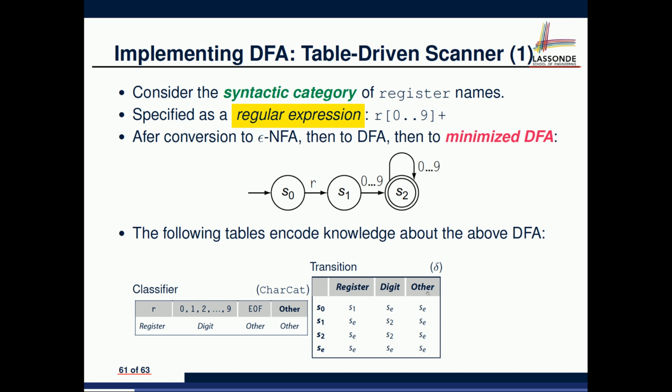Just two different tables. You got another table here. That's for, let's say if I'm in an accepting state like S2, for example, you can see S2 is an accepting state. That means I can now tell you that the token I'm matching belongs to a register name.